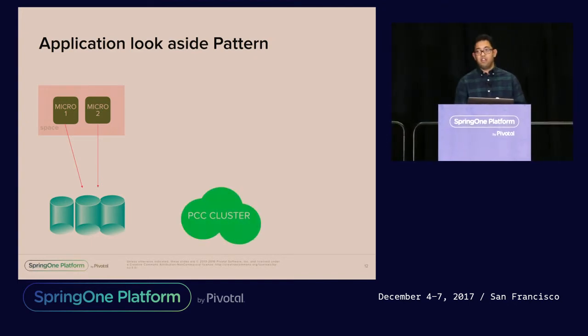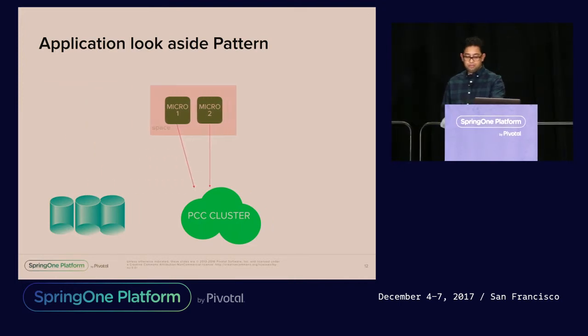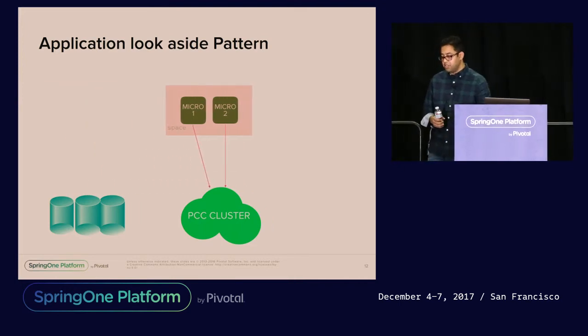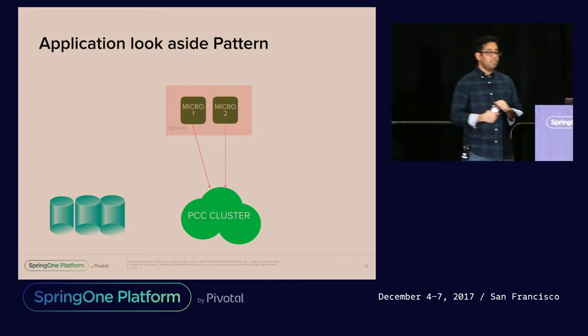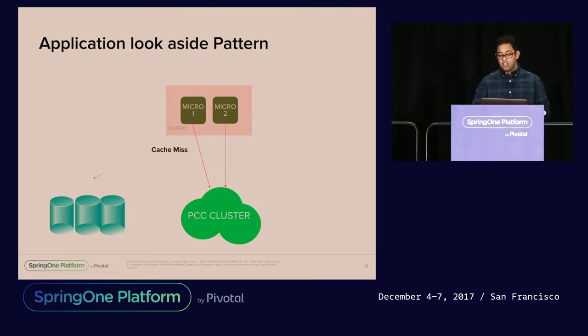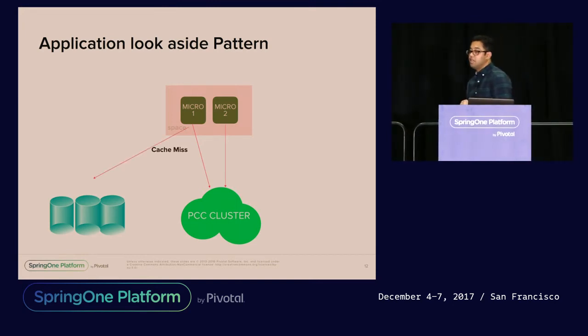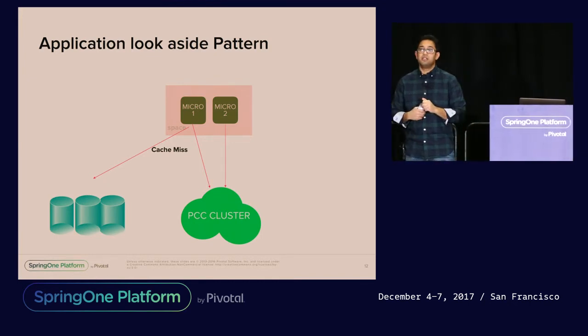So you say cf create-service, it's going to spin up a PCC cluster for you and bind this particular set of microservice instances to the PCC cluster. And if there is a cache miss, your application actually goes to the database and loads that data and pushes that data back to the cache.